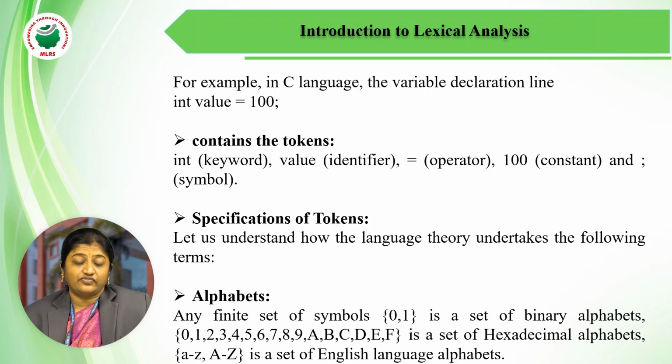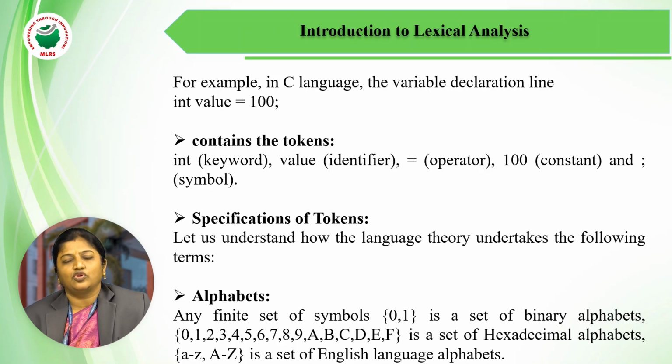So, specification of tokens: how are we going to specify the tokens? Let us understand how language theory treats the following terms. How are alphabets going to be specified in our program? An alphabet is any finite set of symbols like 0, 1.